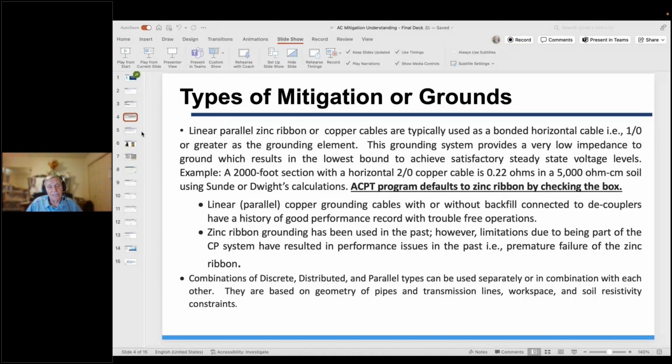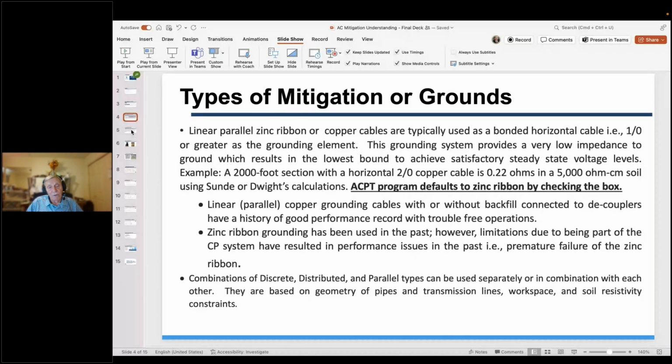Like I said, it's been used in the past, but the problem is that if it is part of the CP system where you're using galvanic anodes, you could have premature failure of the zinc, and sometimes you can get passivation if it's not used. So there's a lot of things that you have to think about before you use these types of products.